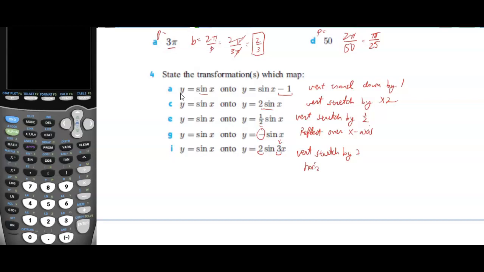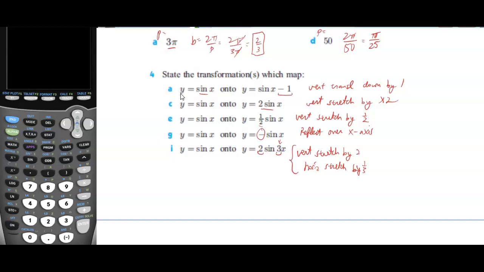So a multiplication by 3 on the inside looks like it would be a stretch, but it's actually a compression. Okay, so you could say horizontal stretch by 1/3, something like that. You could say a horizontal compression by a factor of 3. Okay, I think it's a little bit more easy to get confused.